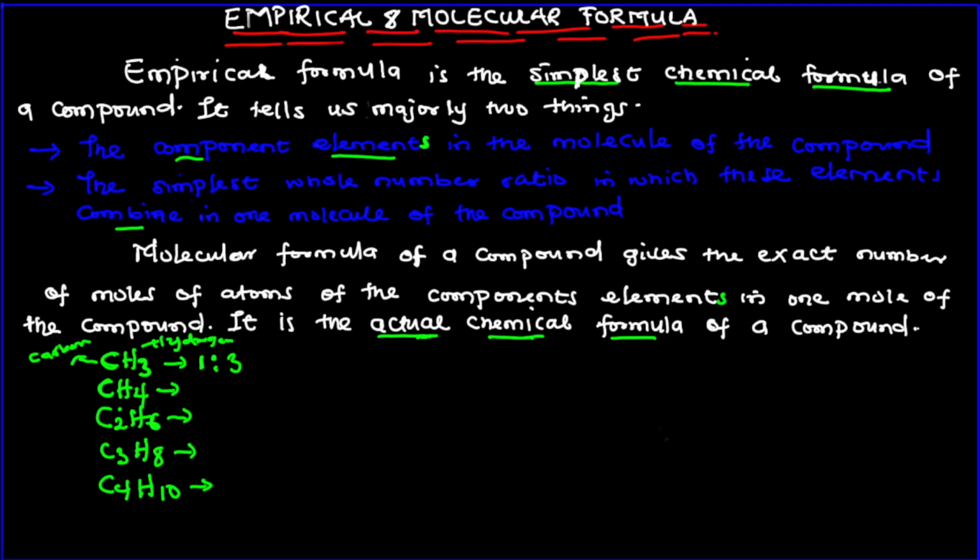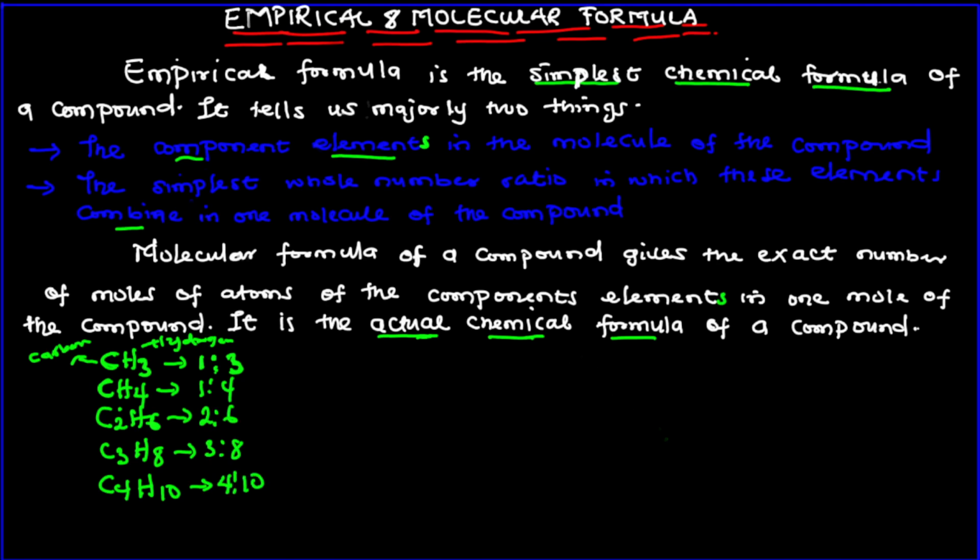So this is one molecule of the methyl group CH3 that contains 1 mole of carbon atoms, or one carbon atom, and 3 moles of hydrogen atoms, or 3 hydrogen atoms. So the ratio in which they combine is 1:3. Here we have 1:4. Here we have 2:6. Here we have 3:8. And here we have 4:10.